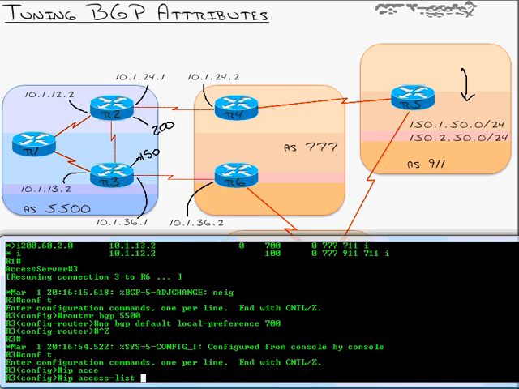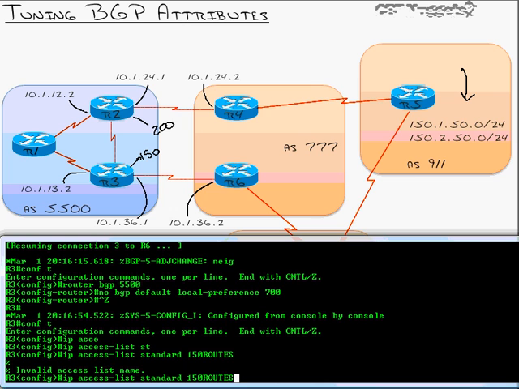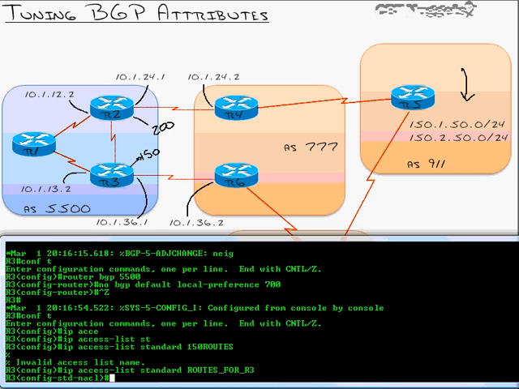I'll do IP access list standard, and we will name this 150 routes. Can't do that. How about routes for R3? Sound good? Can't combine letters and numbers. I've never understood why. So we've got routes for R3, and I'm going to match the routes that R3 is going to have as the primary.